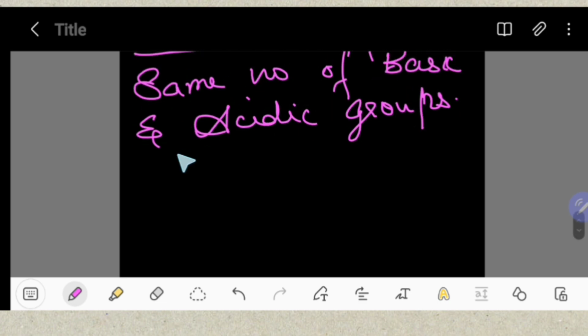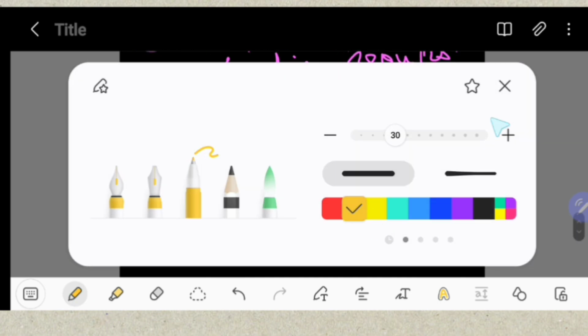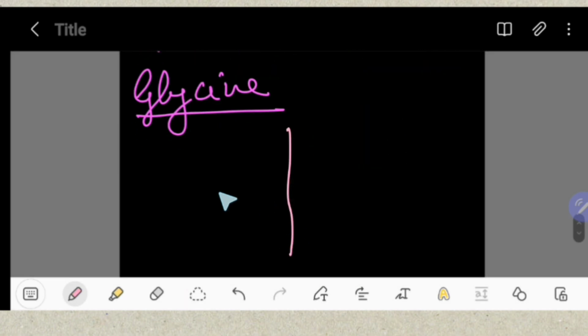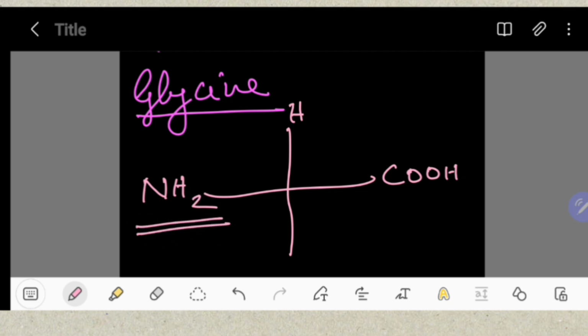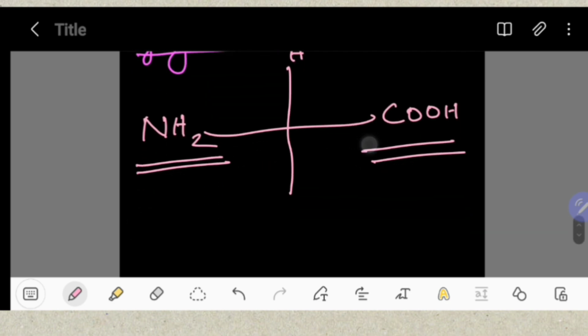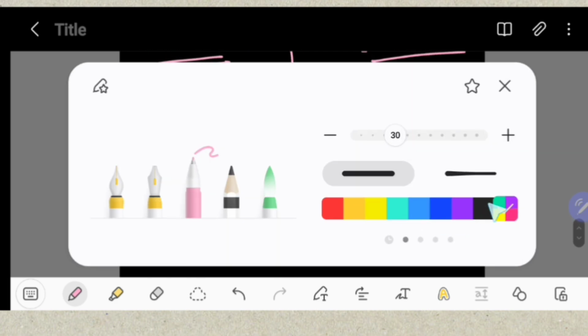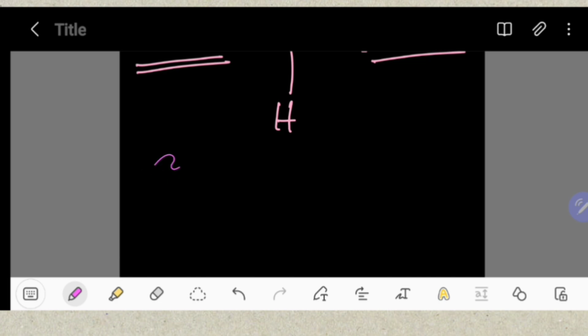For example, you can see glycine. The structure of glycine is COOH, H, and H2N: one basic group and one acidic group, so it is neutral. Then you can have the example of alanine.